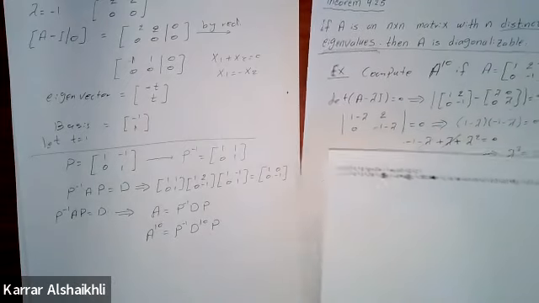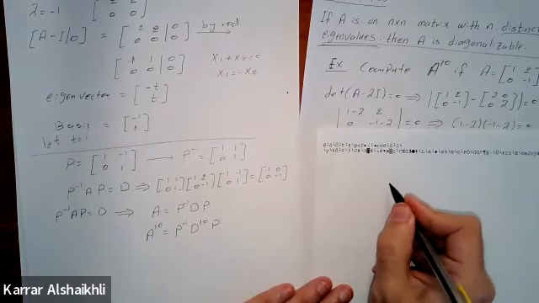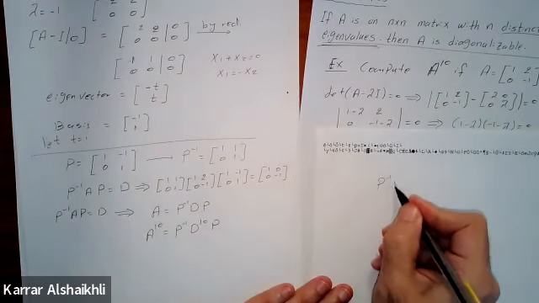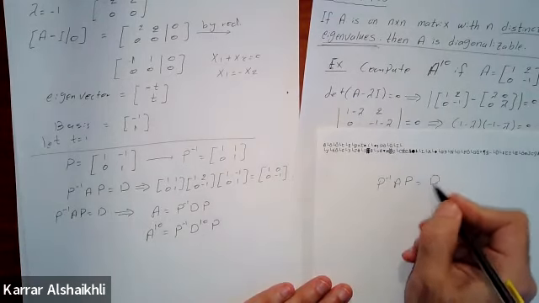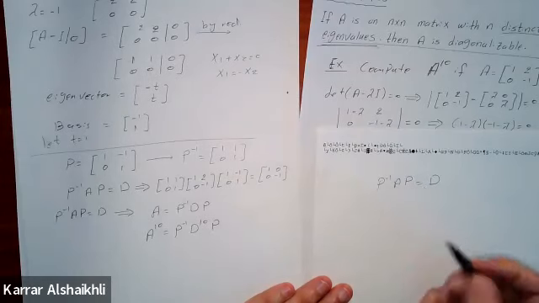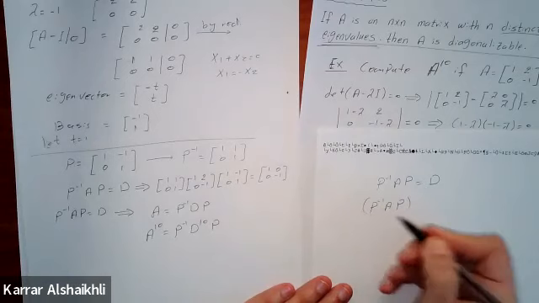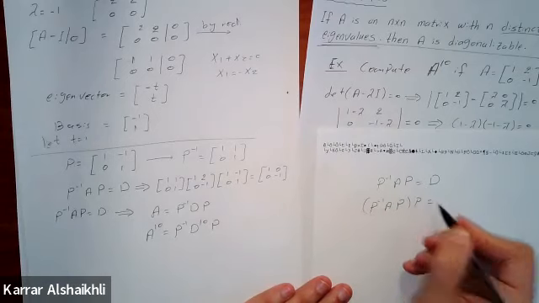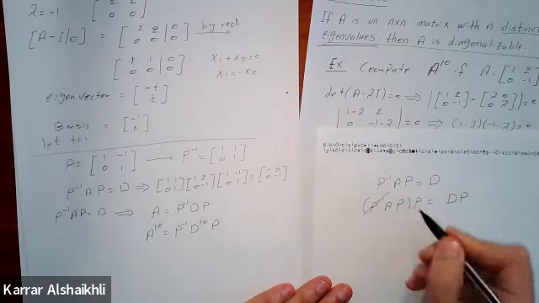Or if you're doing just a matrix, to make it simple: P inverse A P equals D. Now if I multiply both sides by P, P inverse A P is 1 times P, equal D times P. Can I cancel this one with this one?